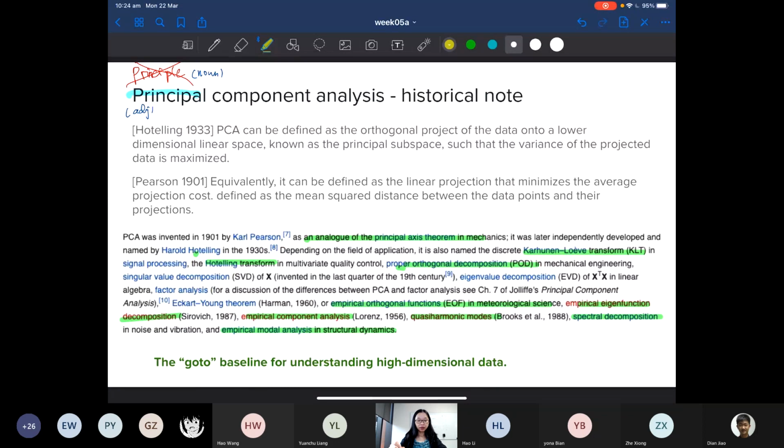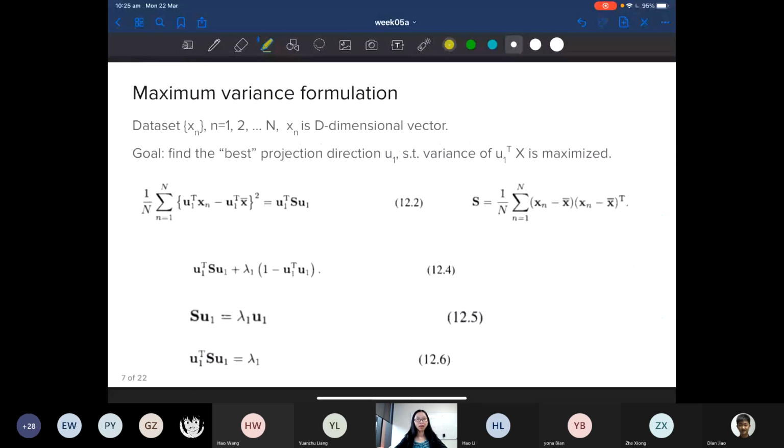It's also worth noting that the dimensionality reduction literature is vast since the introduction of PCA, but this approach is still the go-to baseline for understanding high-dimensional data. Basically, if you want to do dimensionality reduction, first run PCA and see if that serves a purpose. If not, criticize it and then do something more advanced. So let's jump in. Let's first look at the maximum variance formulation.